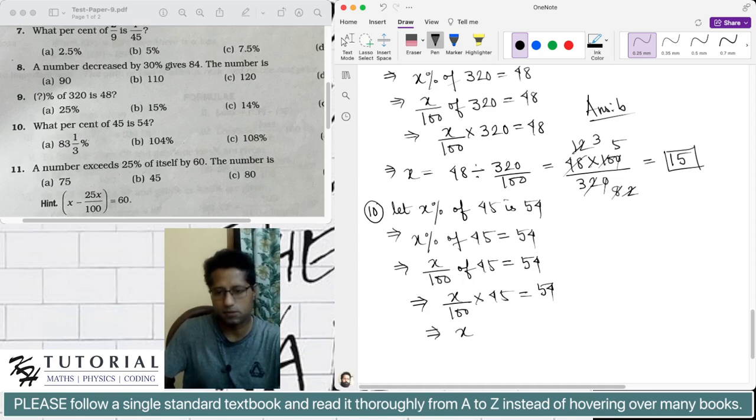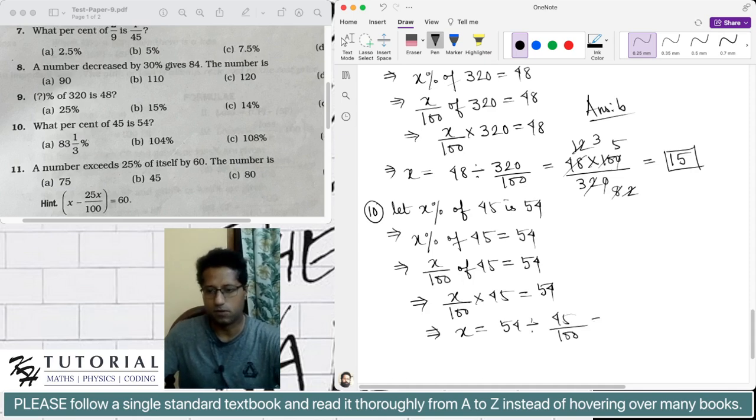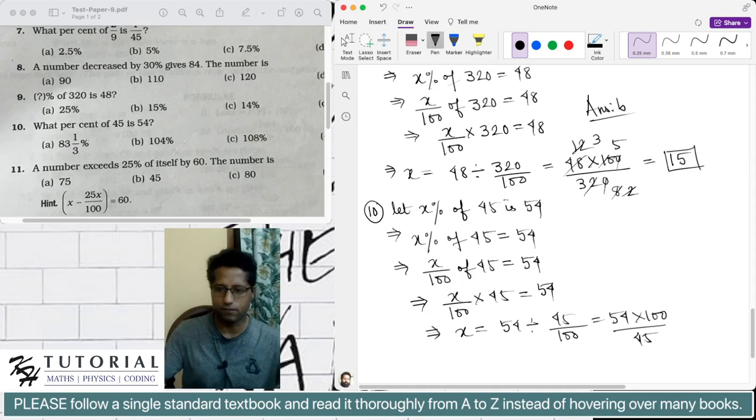And this implies X is equal to 54 divided by 45 by 100, which is equal to 54 multiplied by 100 whole divided by 45. Now 5 divides 9 divides 54 with 6, 45 with 5, 5 divides 100 with 20.